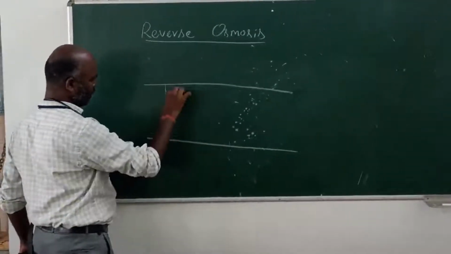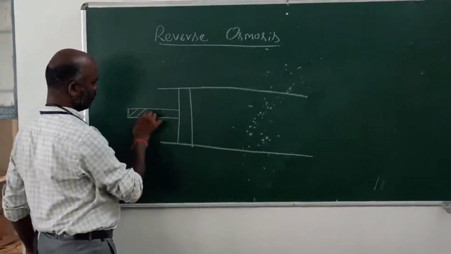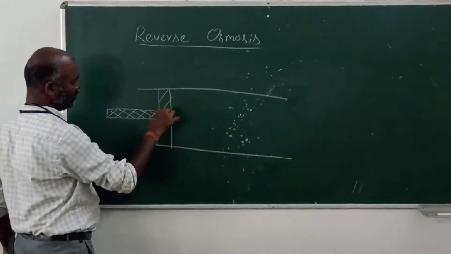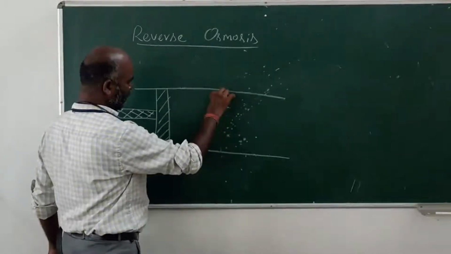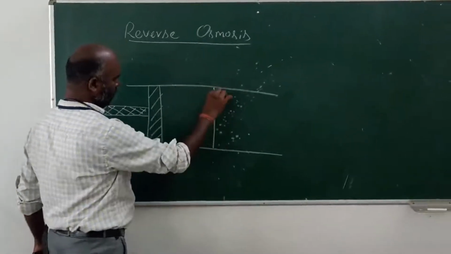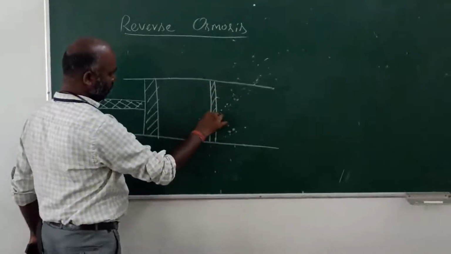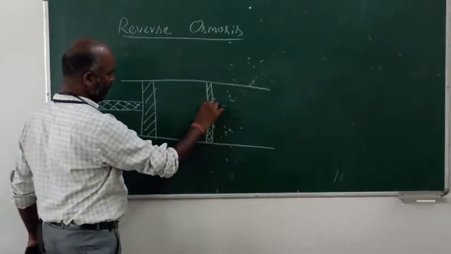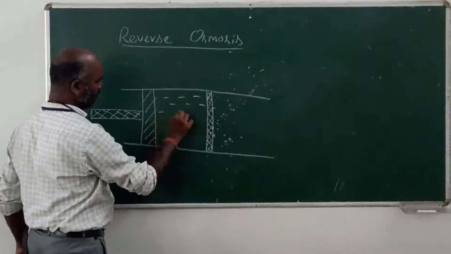So it is the piston. Now the solvent is separated by a membrane. This is called the semi-permeable membrane. We put the semi-permeable membrane between the higher concentration and lower concentration sides.